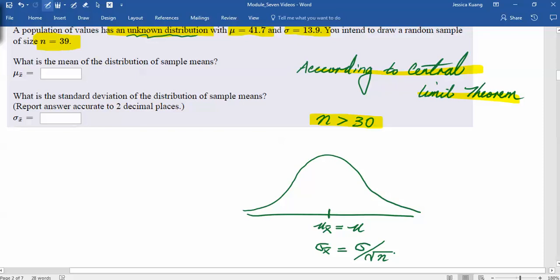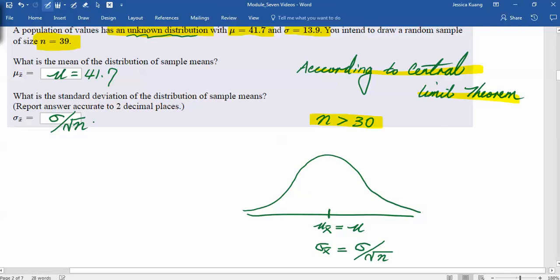So in this case, the mean of the distribution of sample mean would equal 41.7. So that requires no calculation at all. And the standard deviation of the distribution of sample mean, kind of mouthful, isn't it?